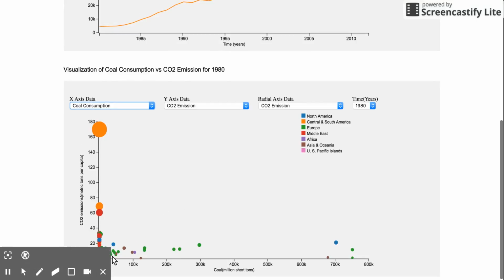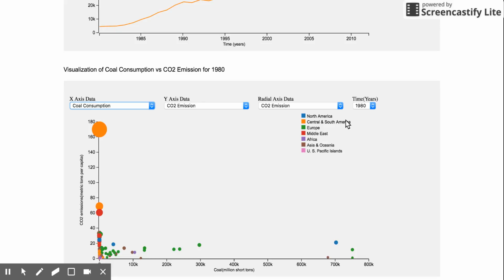See, for most of the countries, you will see the CO2 emission is more as the coal consumption is more. But you see the European countries are producing less coal, while Central and South America are producing more coal.